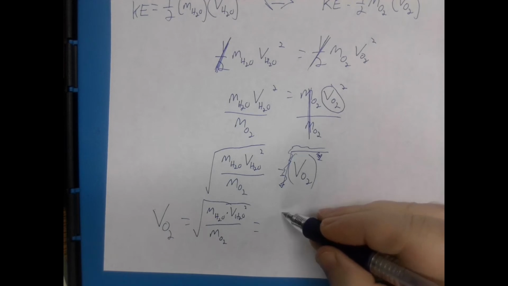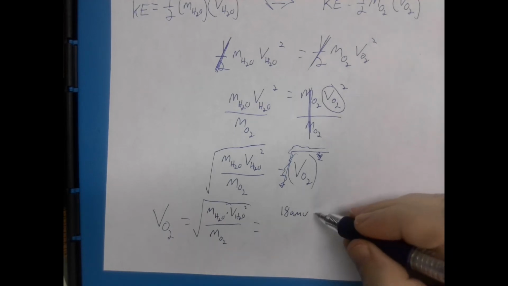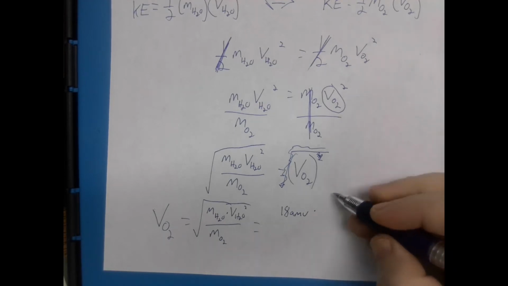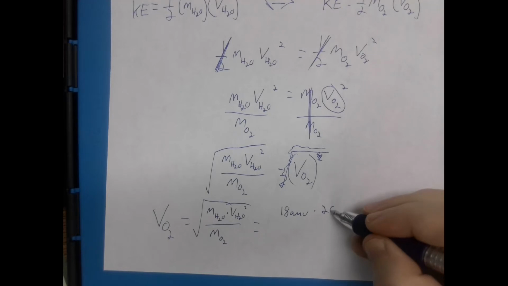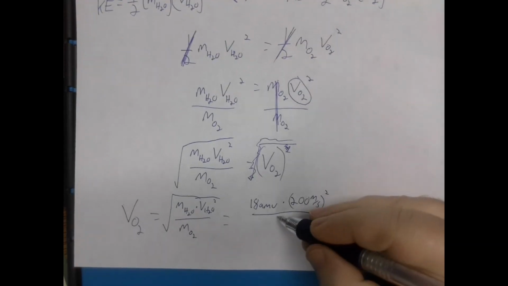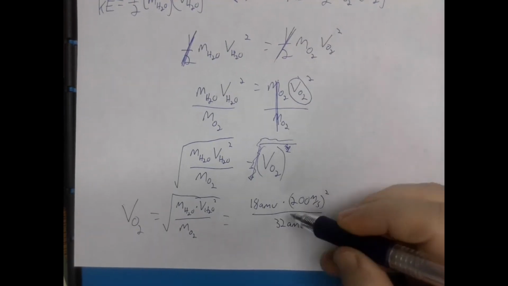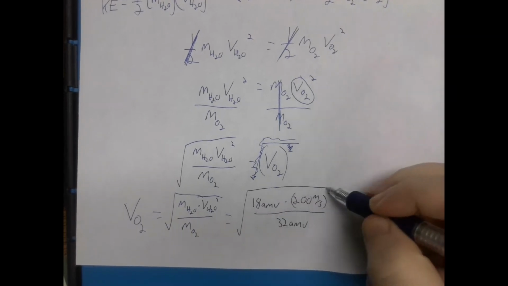So looking it up, that would be 18 AMUs approximately. Again, this is just approximate. Times its speed, 200 meters per second, squared, divided by 32 AMUs, and then the square root of everything on top.